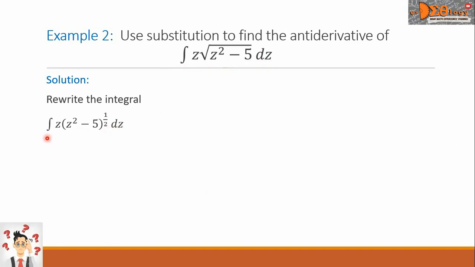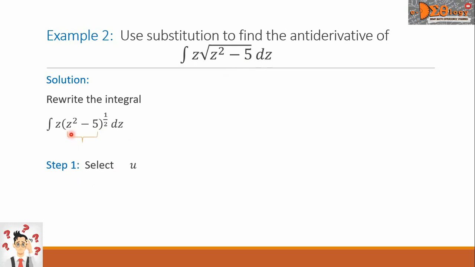So we have now the integral of z times the quantity z squared minus 5 raised to 1/2, then dz.